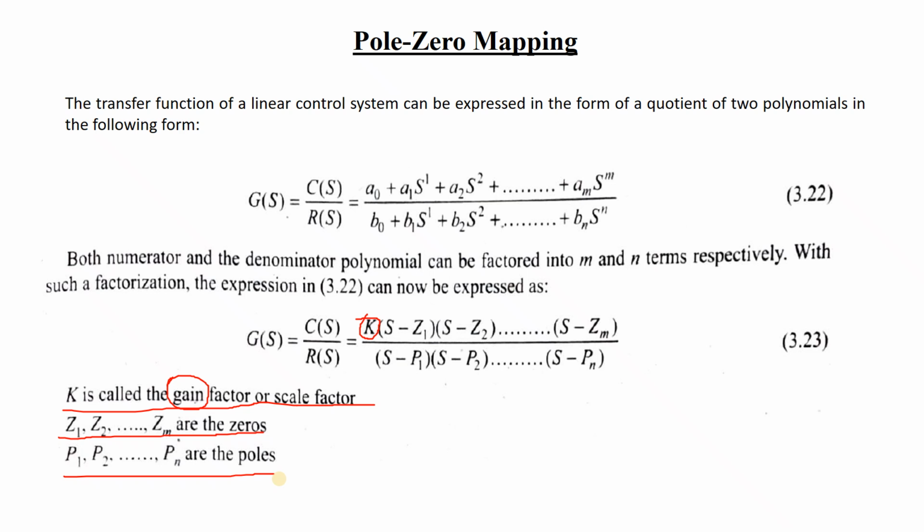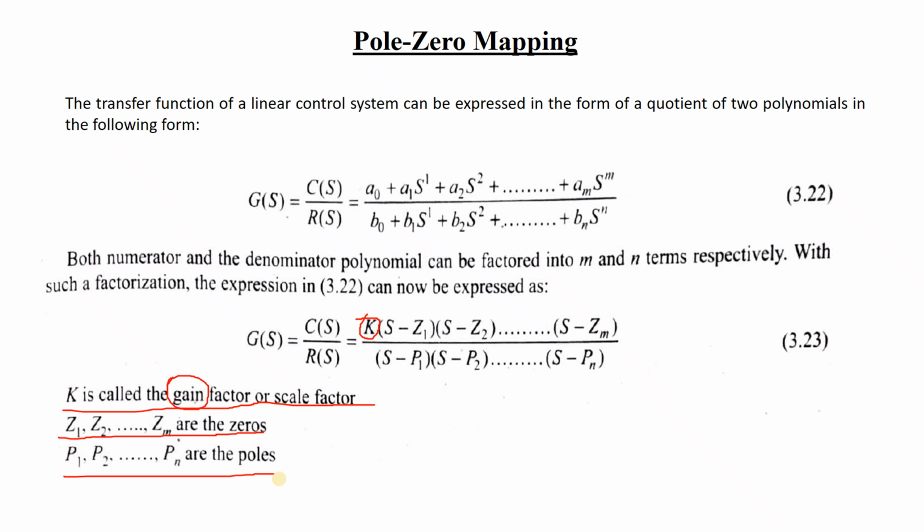and the solutions of the denominator are called the poles. So you have to keep in mind that in a transfer function, whether it is a forward path transfer function, a reverse feedback path transfer function, an open loop transfer function, or a closed loop transfer function, whenever you are dividing the signals, you are getting a transfer function, and it will be some polynomial equation which will have a numerator and denominator.